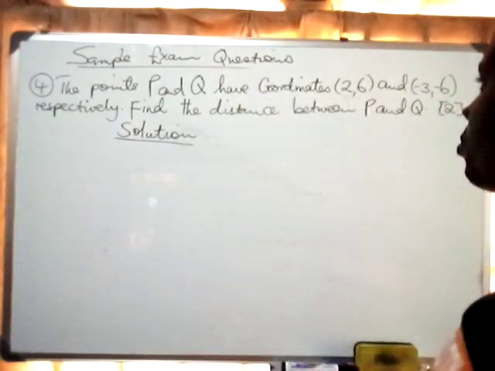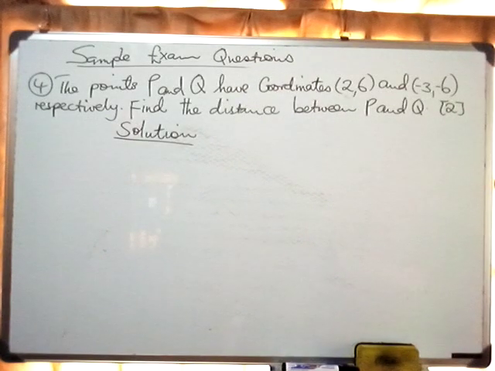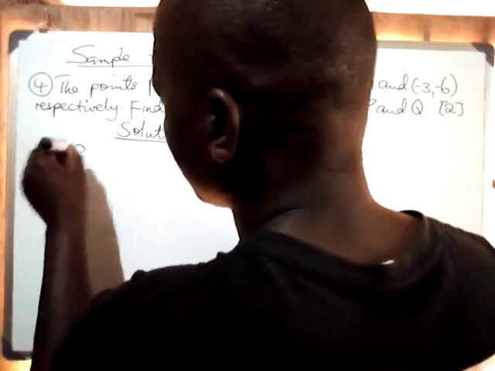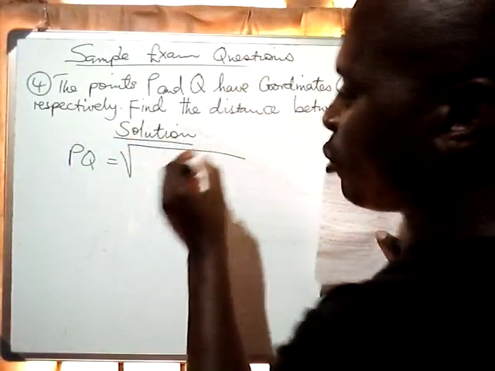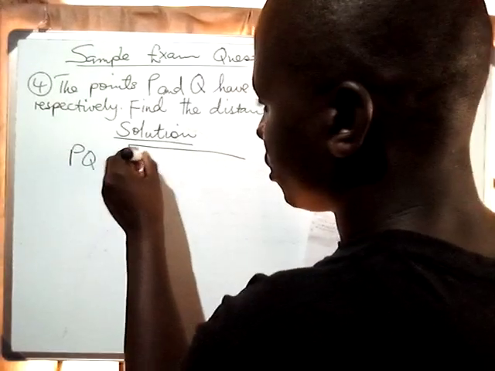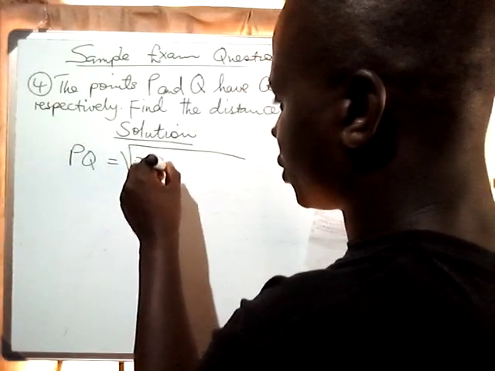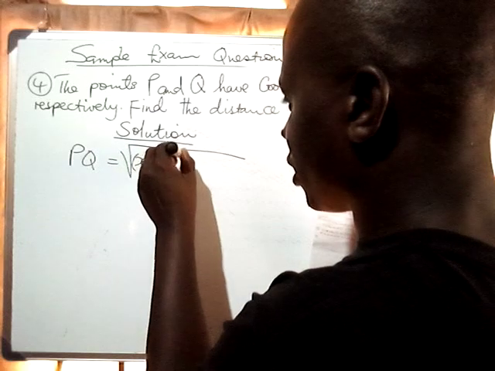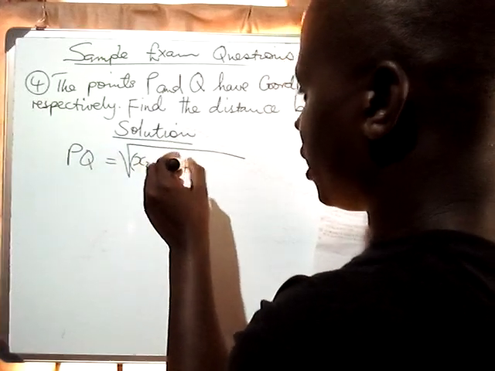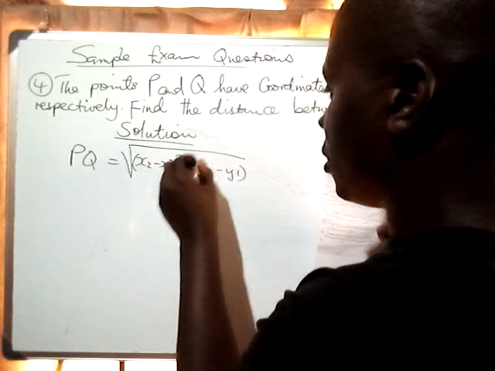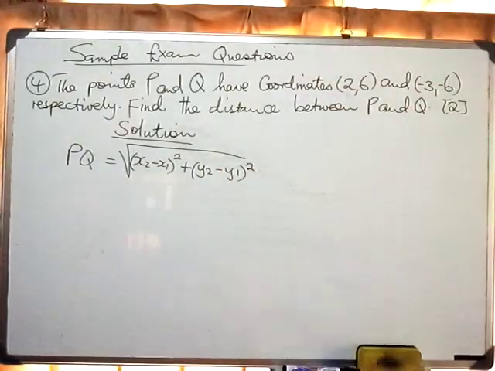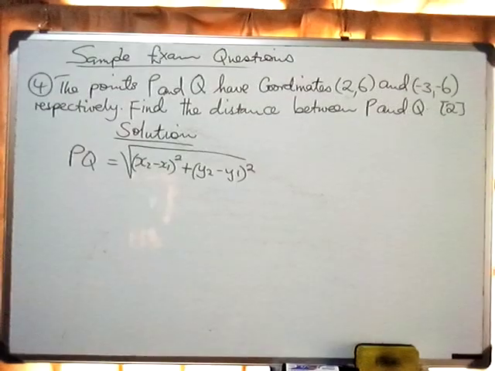Find the distance between P and Q. So we have the distance PQ is equal to, I'm sure you remember that formula, x2 minus x1, whatever you get, you square it, plus y2 minus y1, whatever you get, you square it.